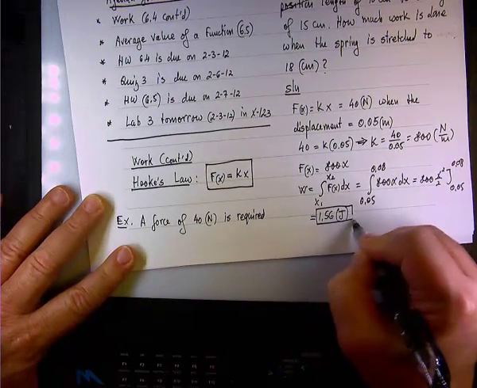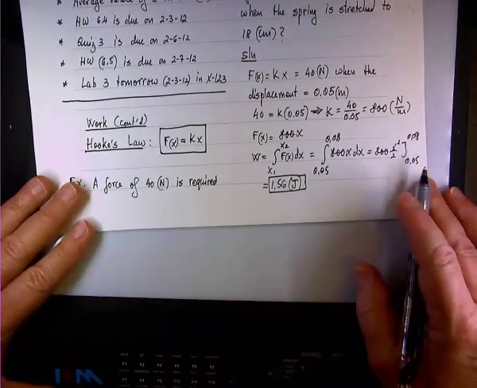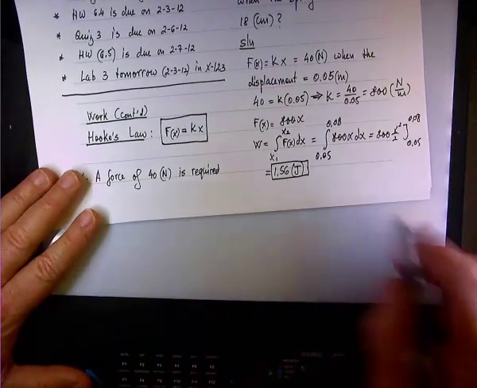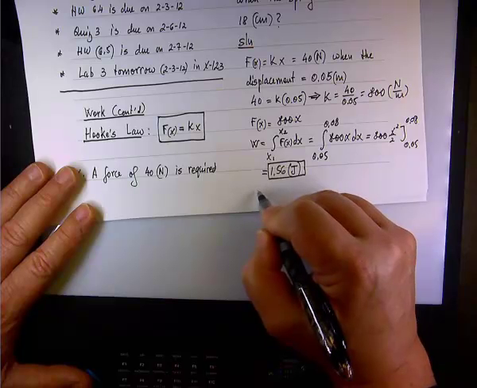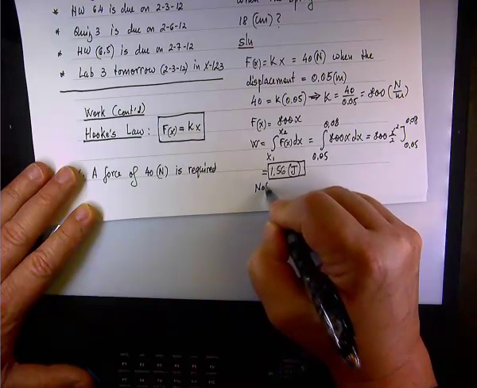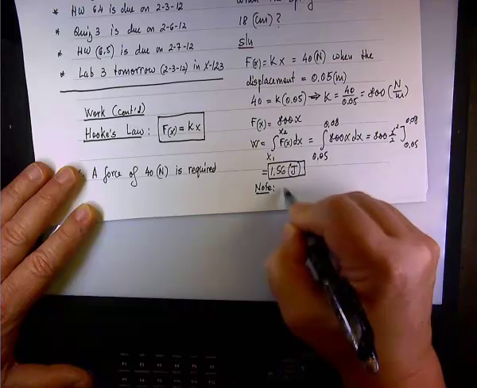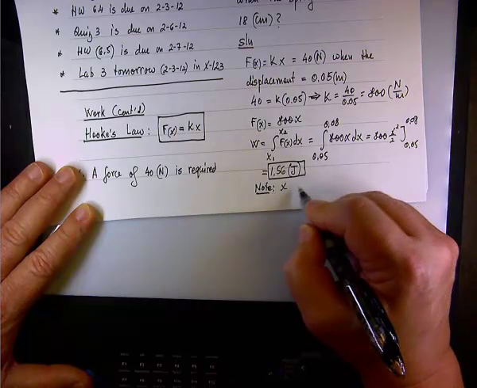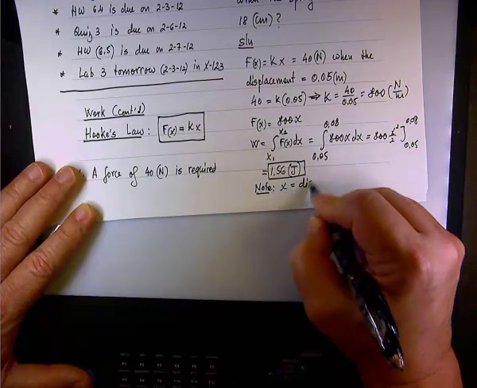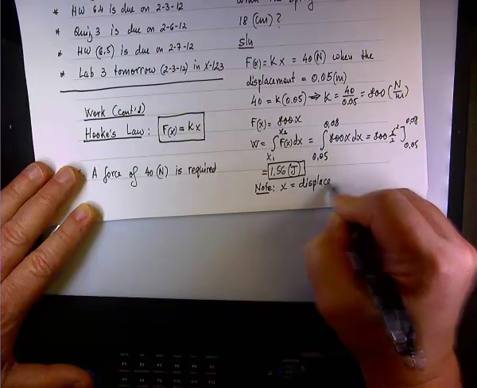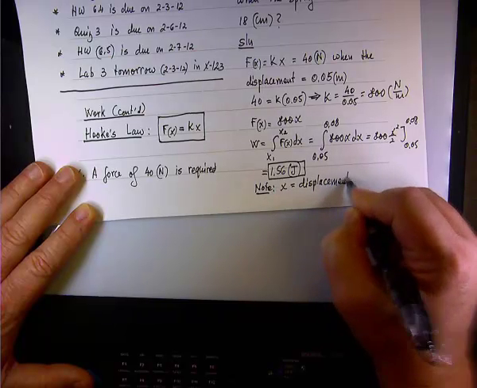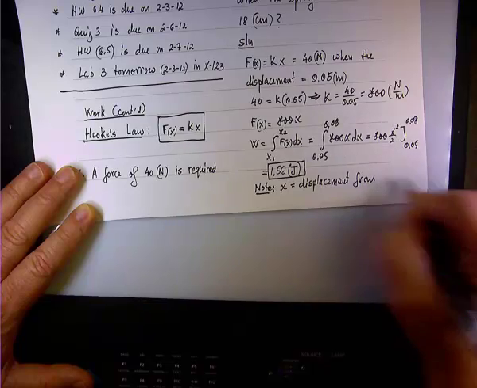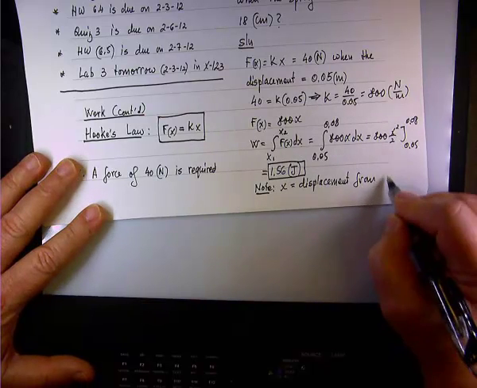Okay? So where is the difficulty here? Again, note here at the very bottom of the page, x equals displacement from the natural length.